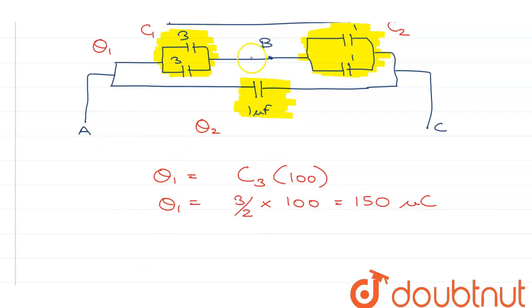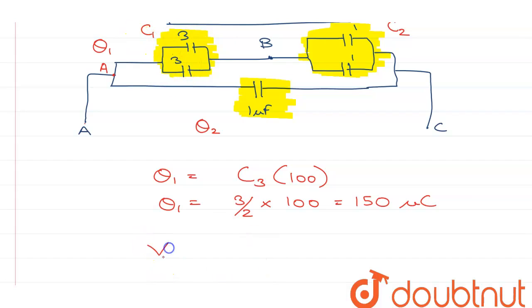So the potential difference between A and B, since between this point A and this junction there is no other electronic device, I can move this point A right to the junction. So the potential difference between A and B will be equivalent to the potential difference of this arrangement of capacitors.